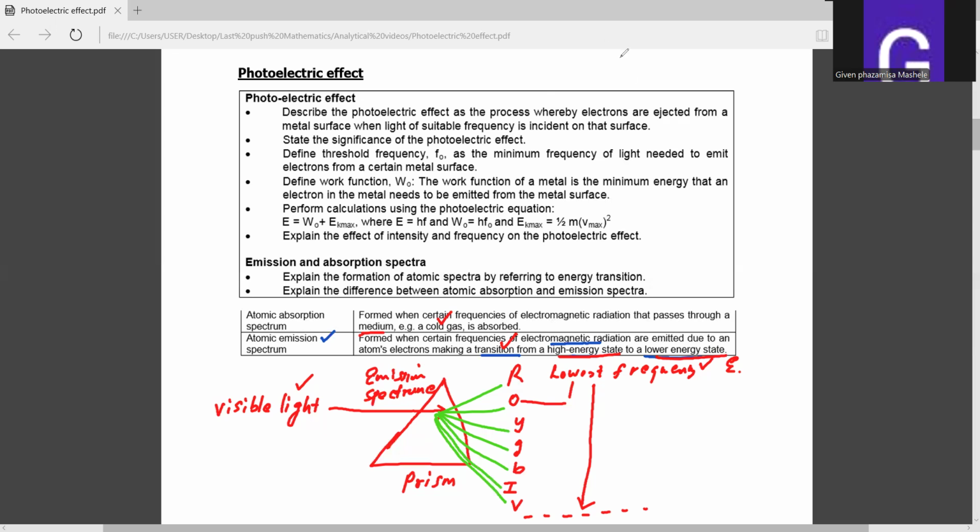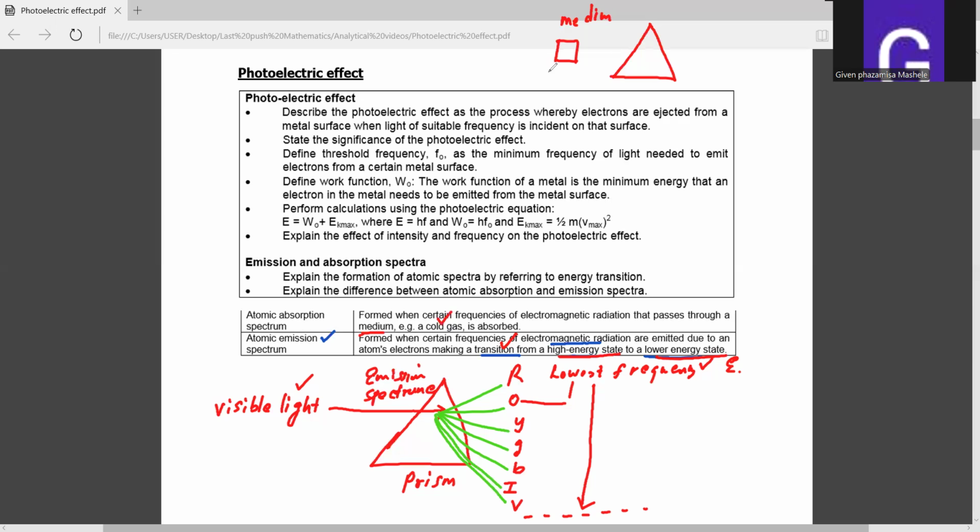So how does this happen? It means we still have that prism, but before the prism there's a medium here, and let's assume this medium is a cold gas.